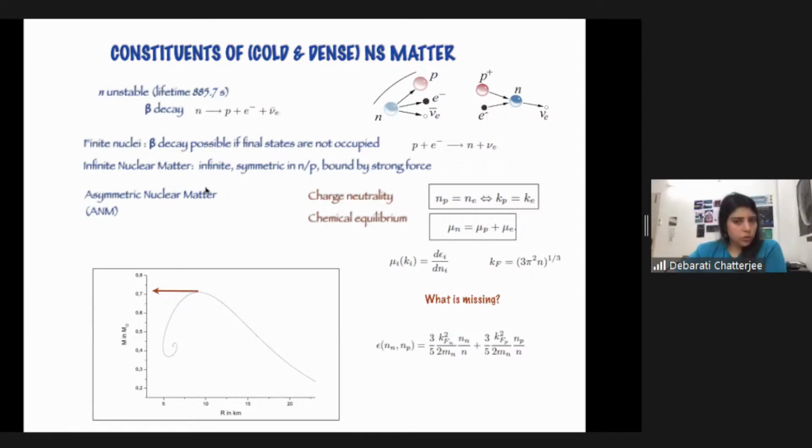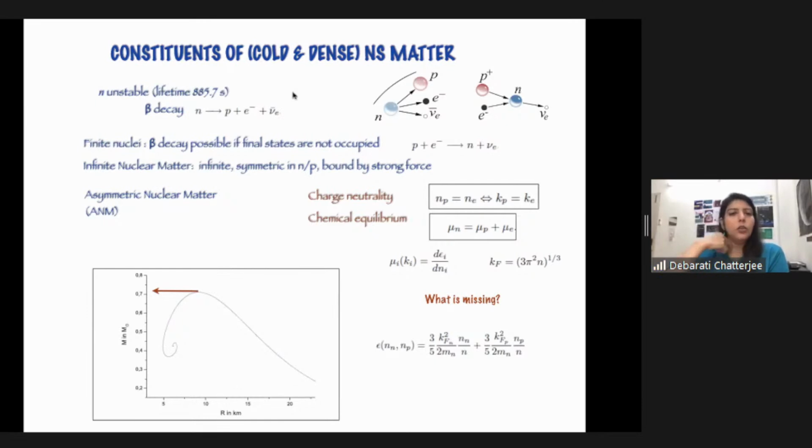And according to statistical mechanics, this is possible when the chemical potential of neutrons is equal to the sum of the chemical potentials of protons and electrons. The other thing we know is that any astrophysical system has to be charge neutral. Otherwise, Coulomb forces themselves would disrupt the star, no matter what the force binding the star is.